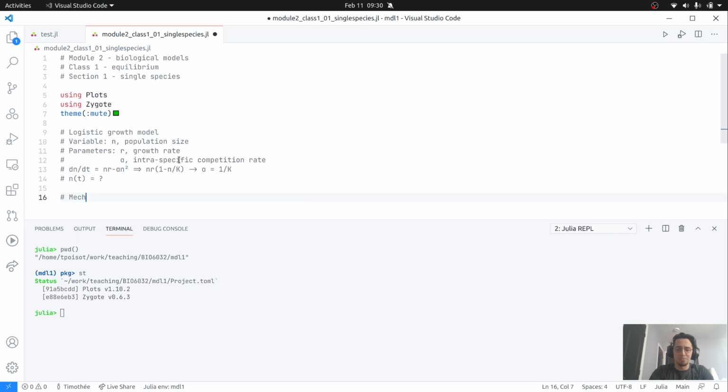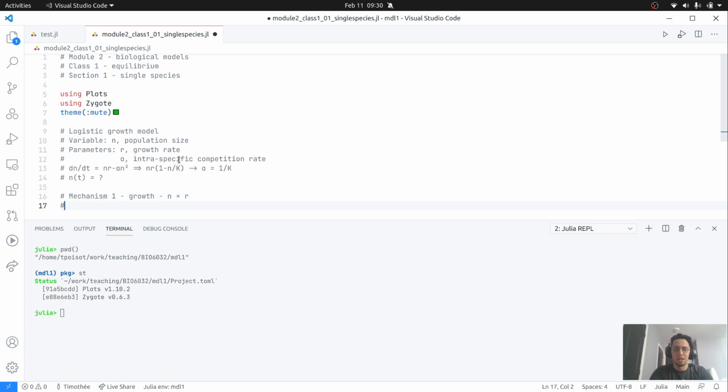We have mechanism 1, which is growth, and it's n times r. What it is saying is that every individual, every component in this population is going to grow with a rate that is r. And then we have mechanism 2, and mechanism 2 is competition.